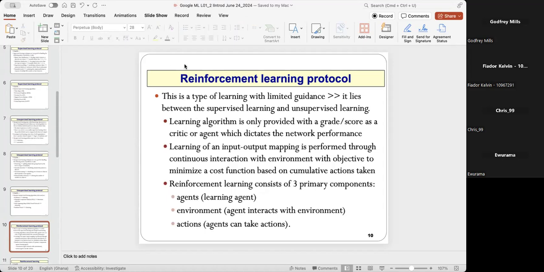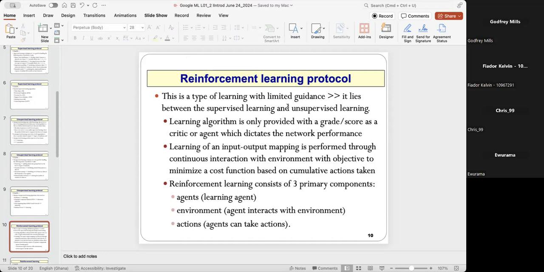We come to the third one, which we call reinforcement learning. So reinforcement learning, again, as I said, uses a reward and penalty system.